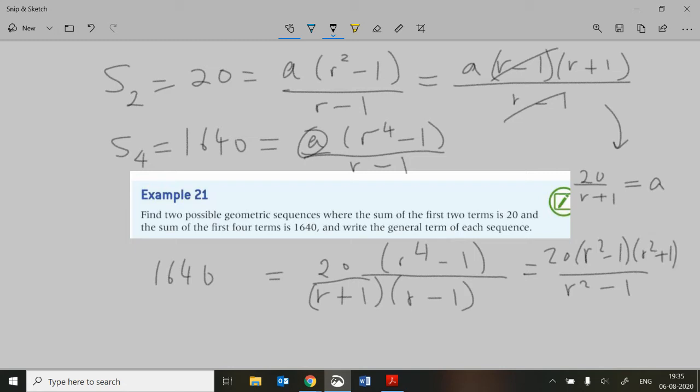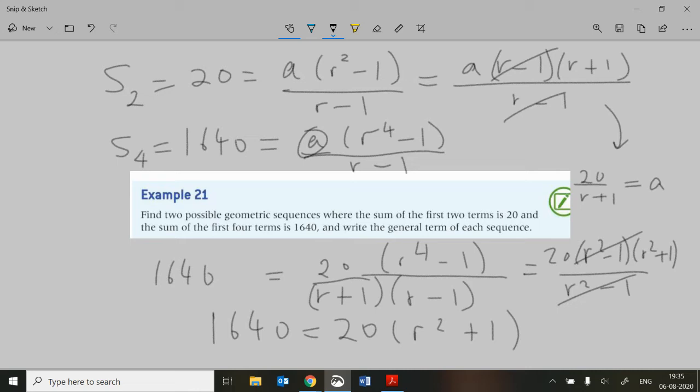That requires some insight, really, and some good algebraic skills from before. Now we can get rid of those two expressions, and we've got a much easier equation. We've got 1640 equals 20 times r squared plus 1, and that's much easier.